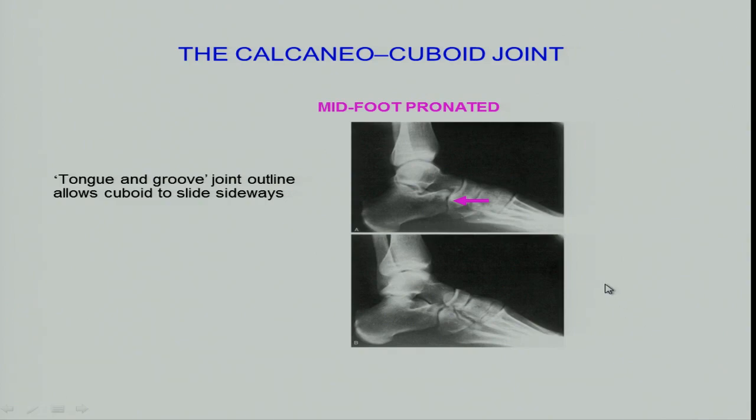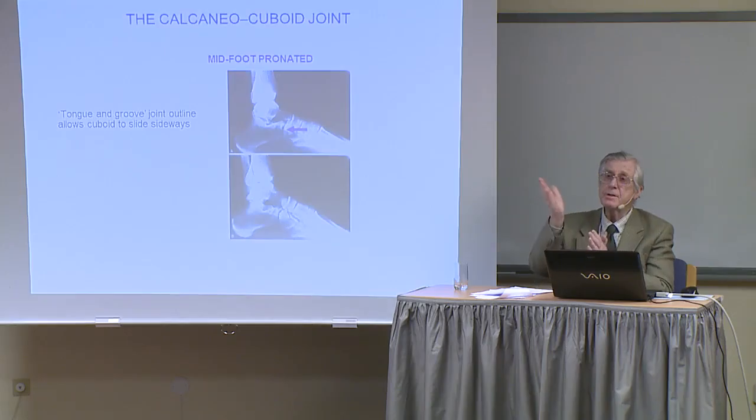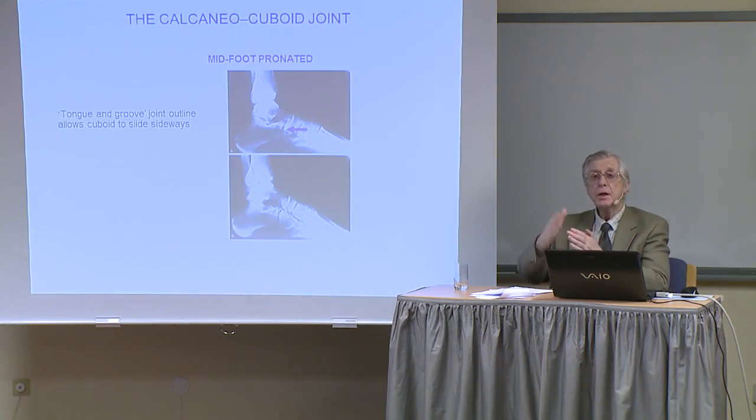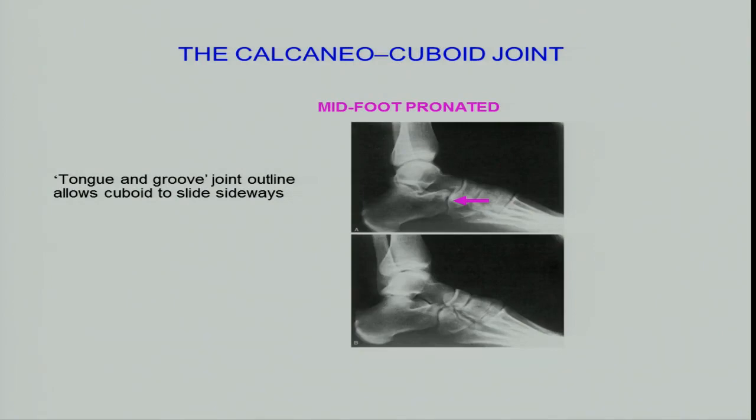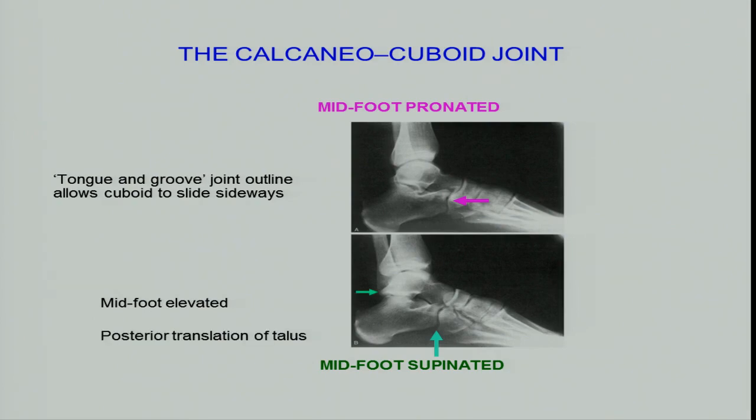Now, looking at the calcaneo-cuboid joint, it's rather like a tongue and groove joint. It's got a concave, convex, sliding surface. So it can move medially and laterally. And those are the X-rays taken with the midfoot supinated and pronated. There's the posterior translation of the talus when supinated.